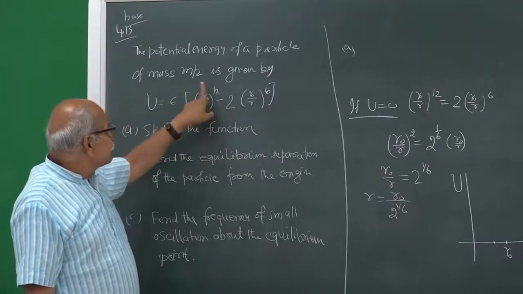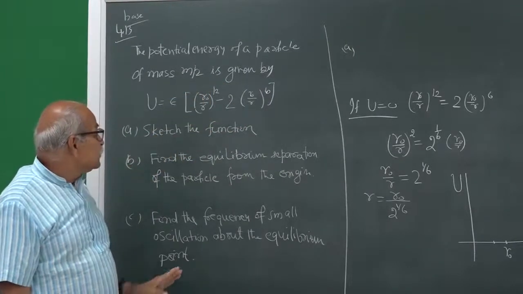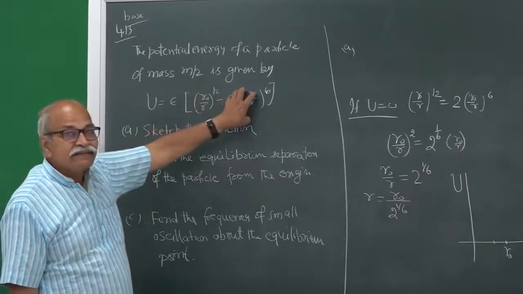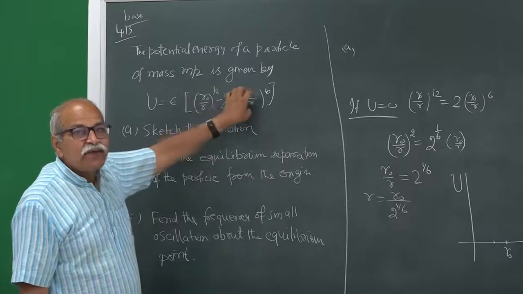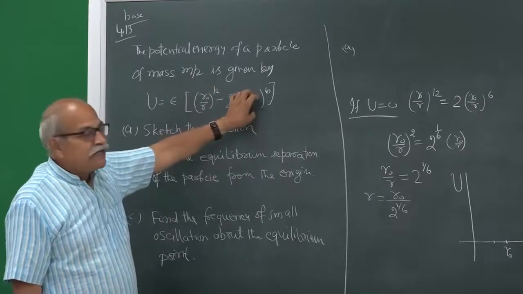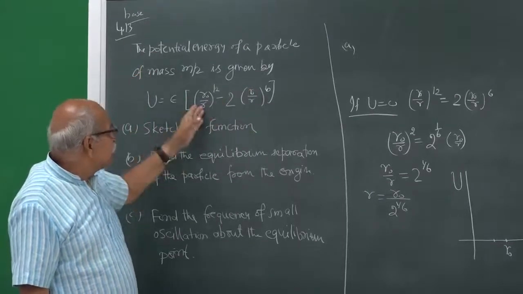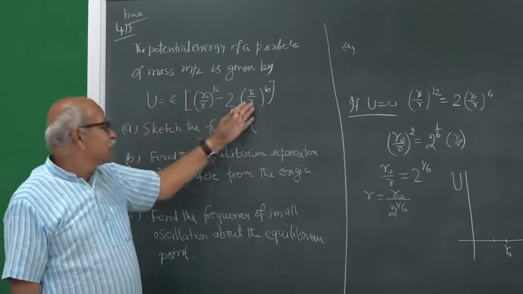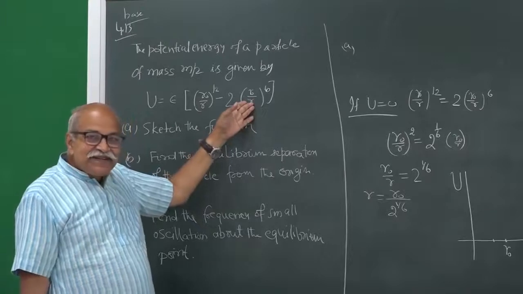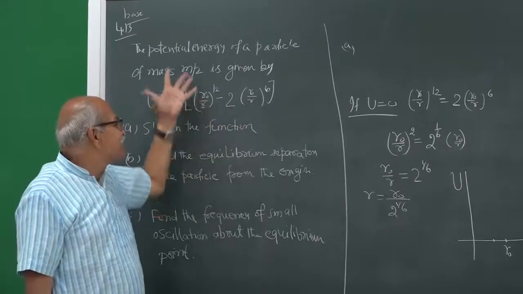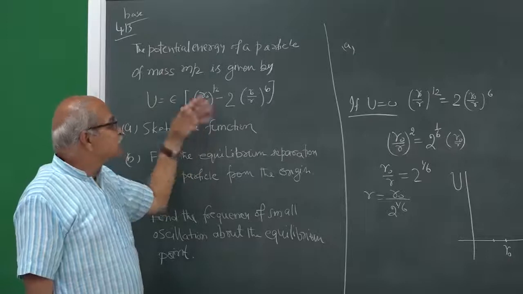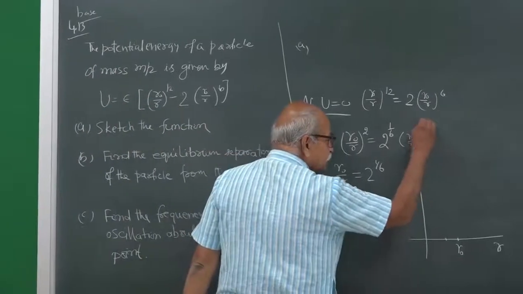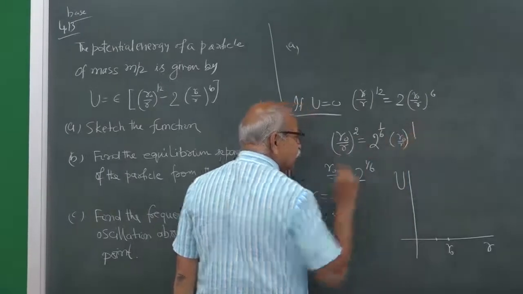That means, for very small r, this will be much larger than this, and the whole quantity is positive and going to infinity. So, for very small r, it is coming from here.